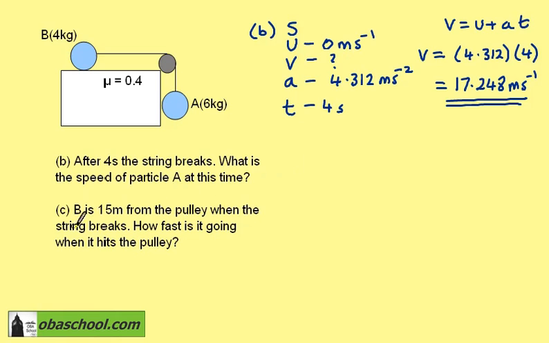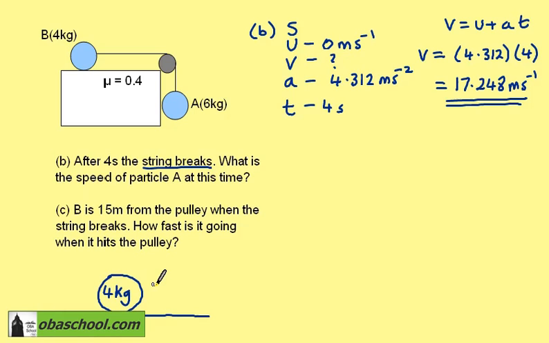We're now told that B is 15 meters from the pulley when the string breaks. We want to know how fast it is going when it hits the pulley. If we now consider the object B moving along the horizontal surface in the time after the string breaks, there will be no tension force pulling the object to the right.